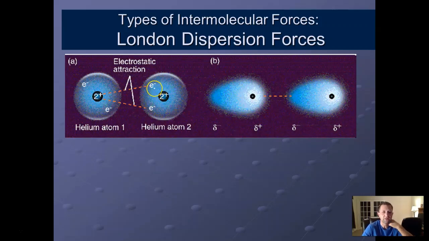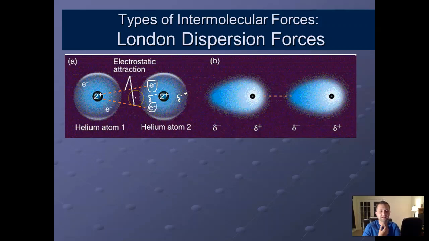So look at the 2 electrons here on this helium. They just happen to be next to each other for a brief moment in time. For that brief moment, since they're next to each other, this part of the helium atom is partially negative, okay? Electrons are negative, they're over here together, negative. It means the other side here is a partial positive. What's that mean?